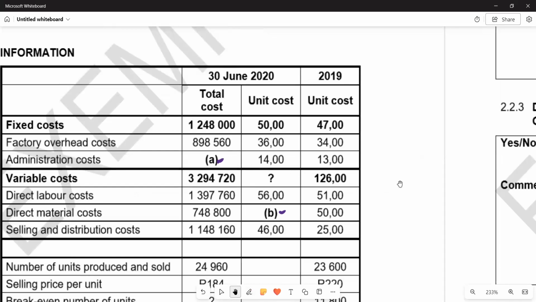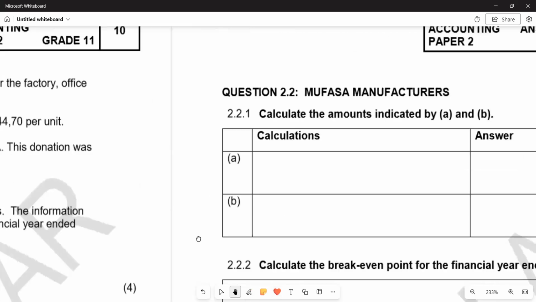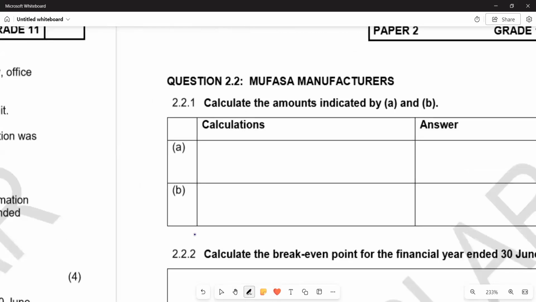So we go to the first part of the question and present it as it is: A plus 898,560 is equal to 1,248,000.